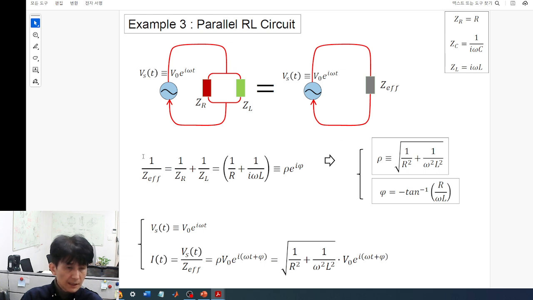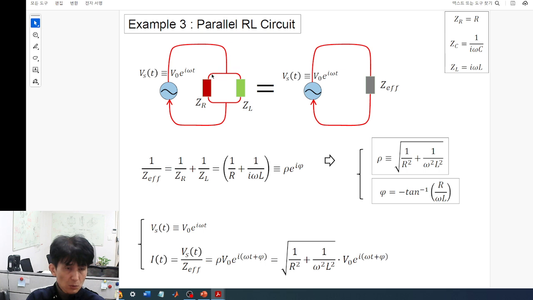As we know, as we calculate 1 over Z effective, the current should be V over Z effective, so we just multiply this with the voltage. If the source voltage is V0 exponential I omega t, just source voltage times 1 over Z effective, that is rho times exponential I phi, then this becomes like this. So this is the current passing through this circuit.